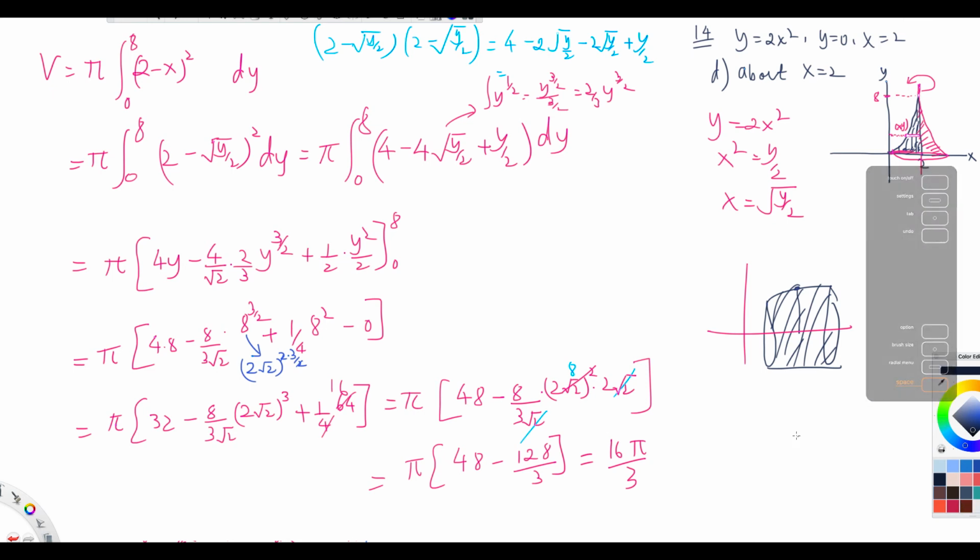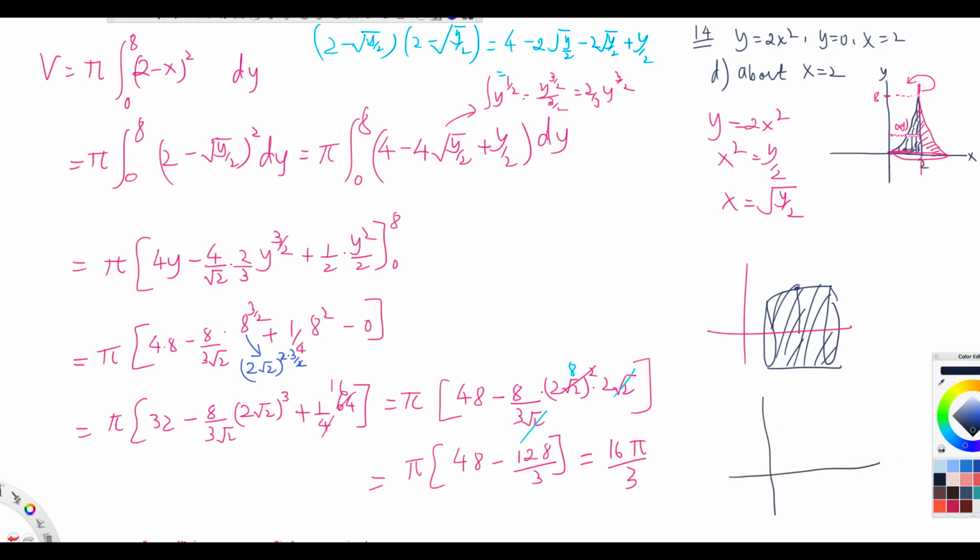But instead of that, let's say you are rotating a region like this, about the y-axis or about the x-axis. Then things will be a little bit different. Suppose you are rotating about the y-axis, then it will be like this, and that will be the solid.